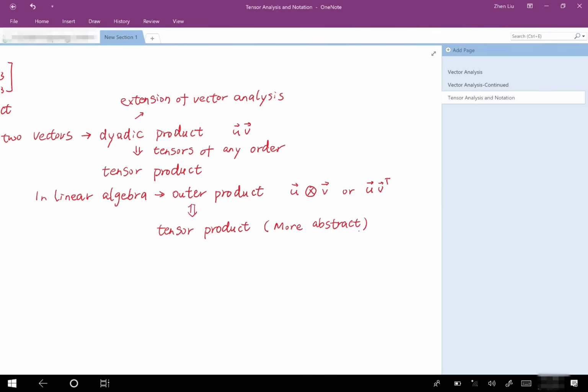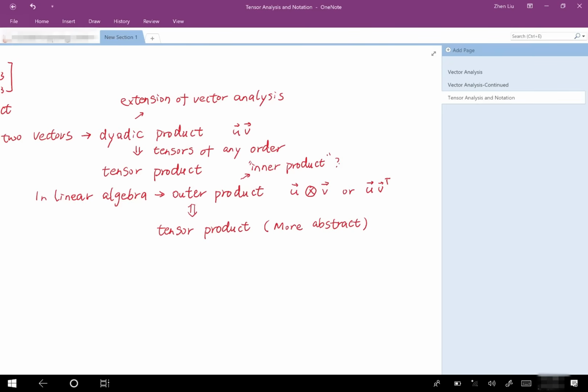So what is inner product? That's a term. Then what is inner product? It's actually dot product or the scalar product.